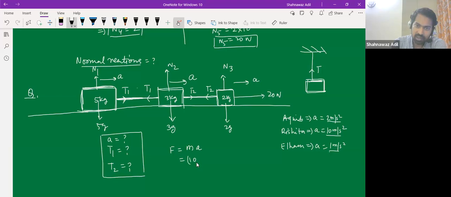Force is 20, so 20 by 10, which is 2 meter per second square. Is this part clear, everyone? Yes, sir. So A is 2 meter per second square.